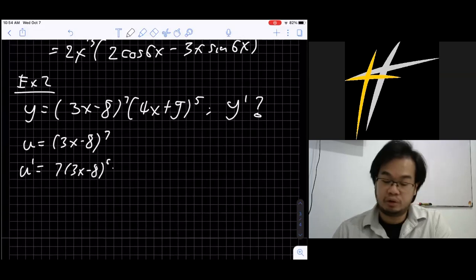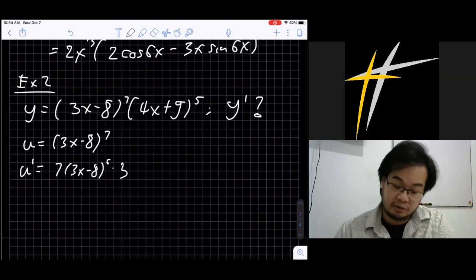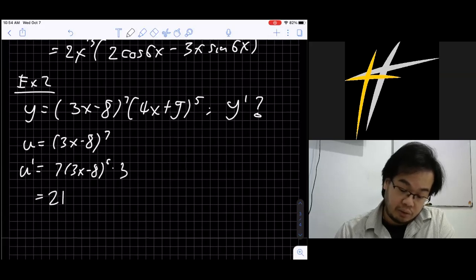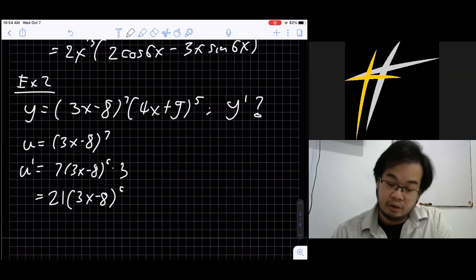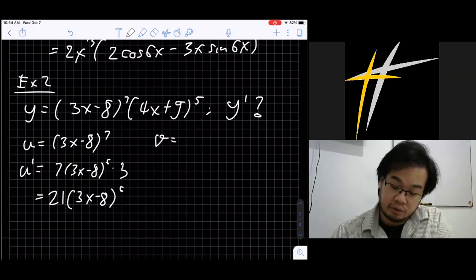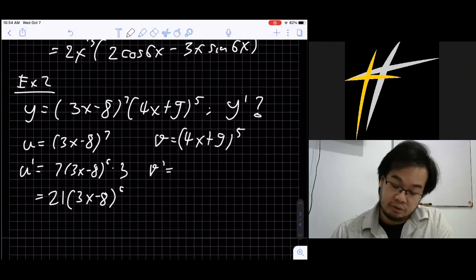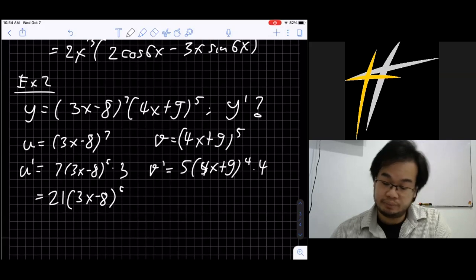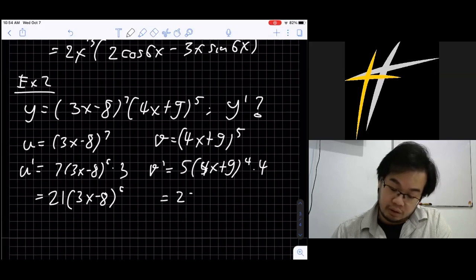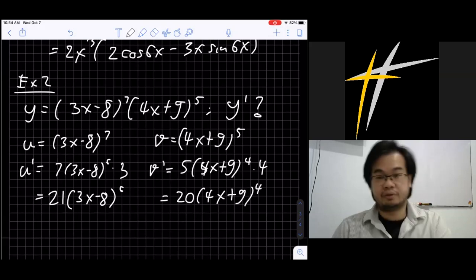Don't forget to multiply with the derivative of the inside function. Simplify: 21(3x minus 8) power of 6. And if phi is equal to (4x plus 9) power of 5, then phi prime is equal to 5(4x plus 9) power of 4 times 4, which is equal to 20(4x plus 9) power of 4.